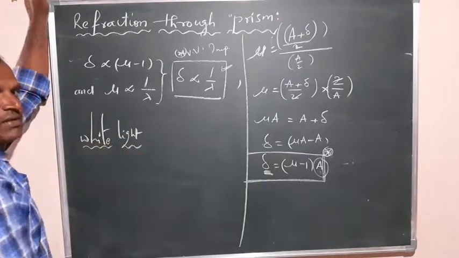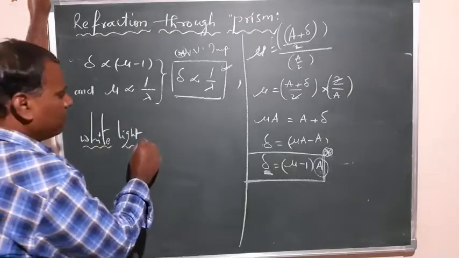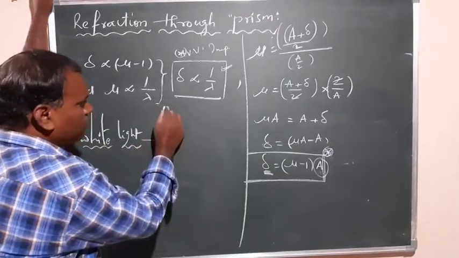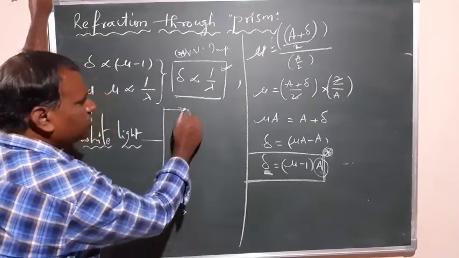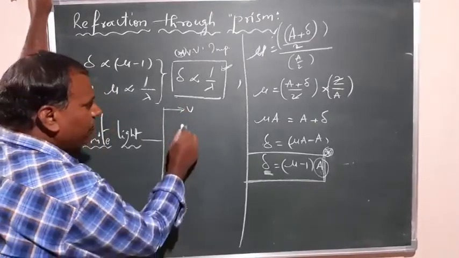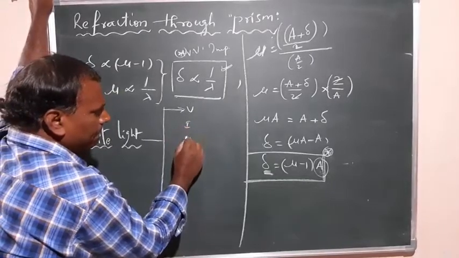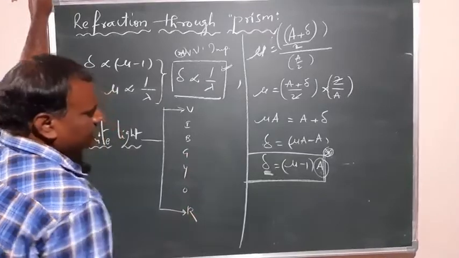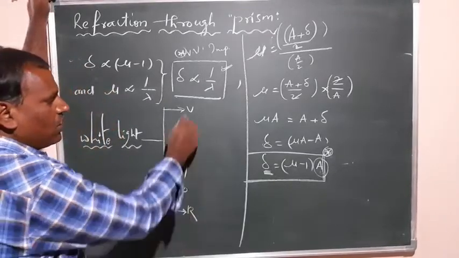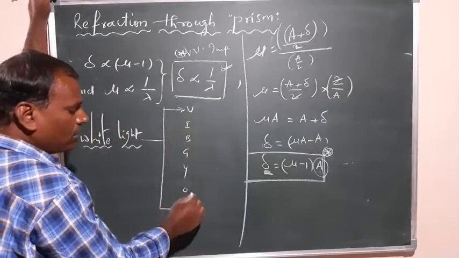Based on their increasing wavelengths, you can observe the VIBGYOR: V I B G Y O R. Violet, indigo, blue, green, yellow, orange, red.